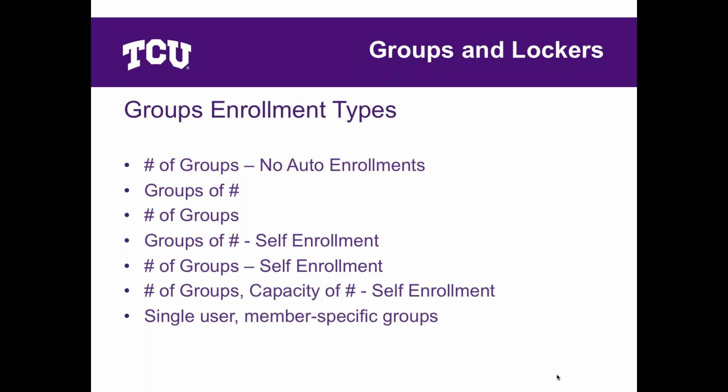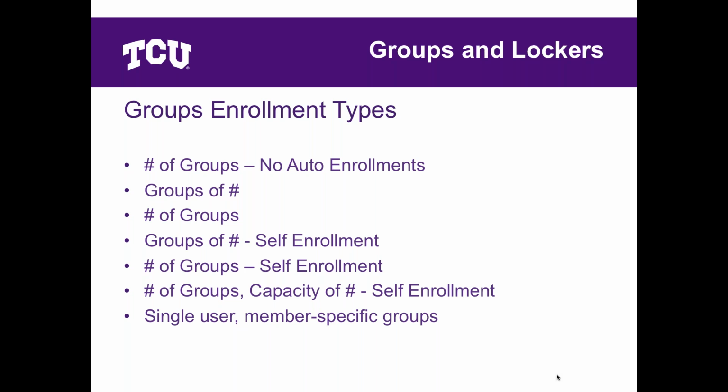And then single user, which is what I was explaining for a journal type solution, where each person in the class has their own group so they can post reflections or things like that, sort of like a journal tool.